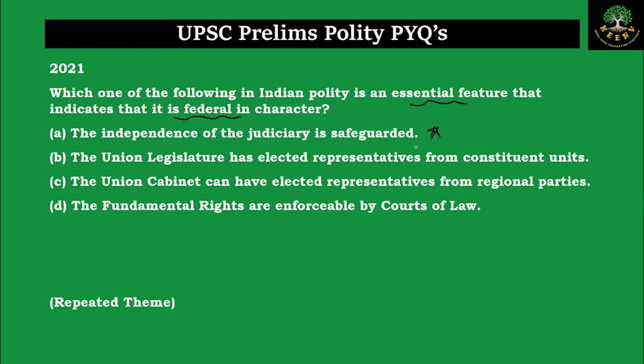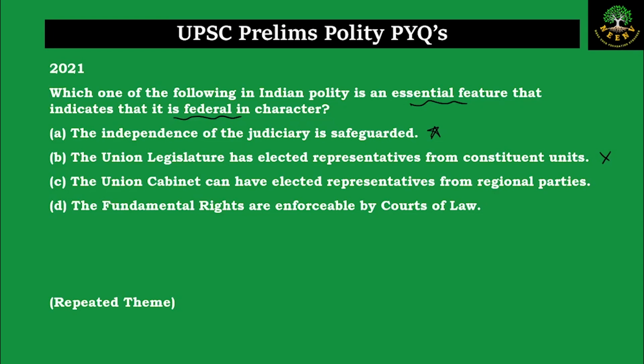Statement B. The union legislature has elected representatives from the constituent units. All the people get elected from the constituencies. So just because the union legislature has people getting represented from different constituencies doesn't mean that it is federal in character. The union cabinet can have elected representatives from regional parties.